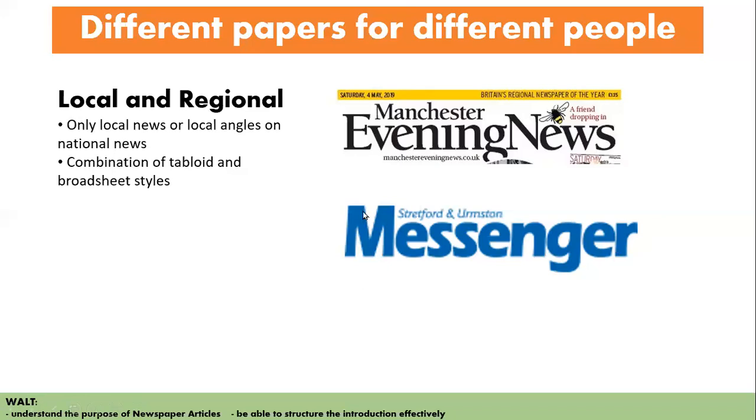You also may have a local newspaper like the Messenger that may drop through your letterbox, a free newspaper or something you can pick up in your local supermarket, or you might read this particular type of newspaper online. So it's going to have a combination of stories, local stories, and perhaps some local celebrity, local sports, and information about what's happening in your area.